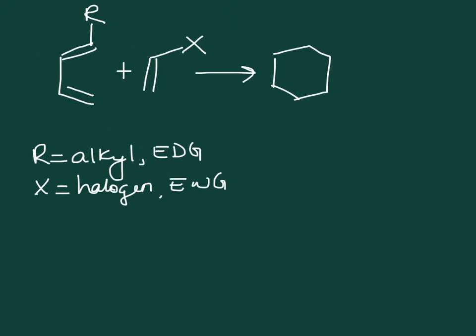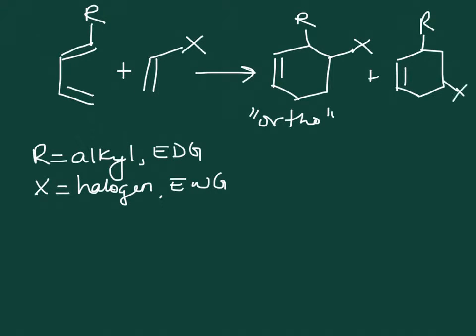They can stay aligned the way they are written, and R and X can be next to each other, or ortho. Or the dienophile can flip, and we get a configuration like this, where R and the halogen are separated by one carbon. This is called a meta arrangement.